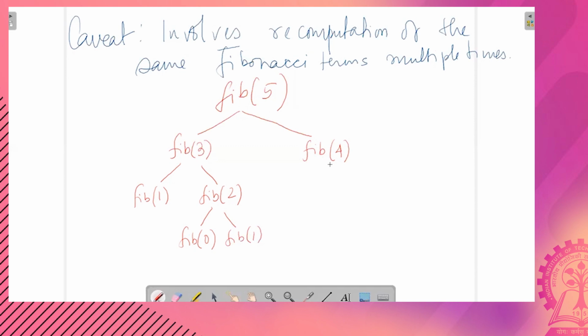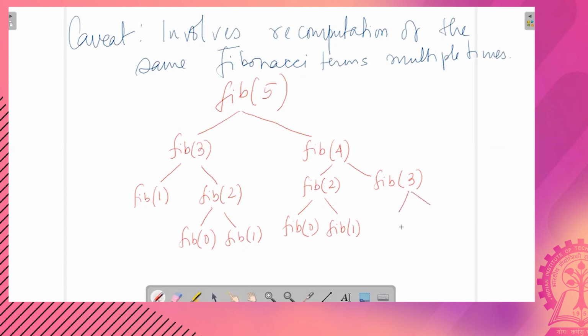Similarly, on the other side, fib4 will call fib2 and fib3. Fib2 will call fib0 and fib1.